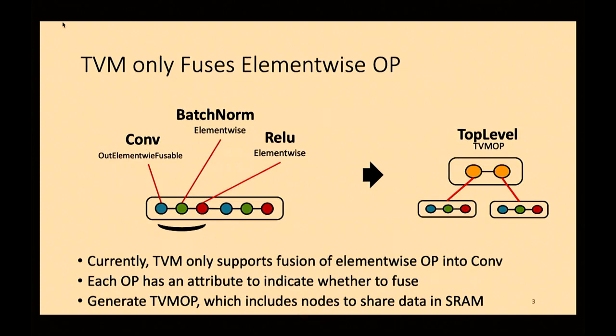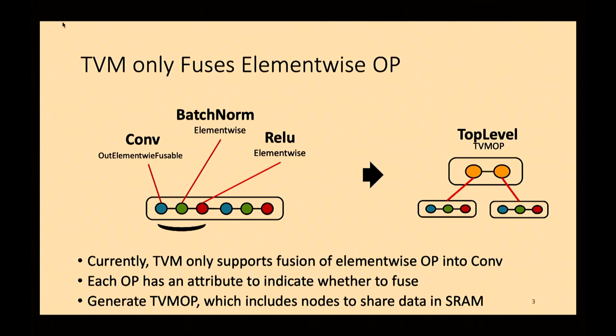So here is how TVM performs its node fusion. TVM has a simple node fusion which merges element-wise operators into convolution. Take MobileNet as an example. MobileNet is comprised of convolution, batch norm, and ReLU.